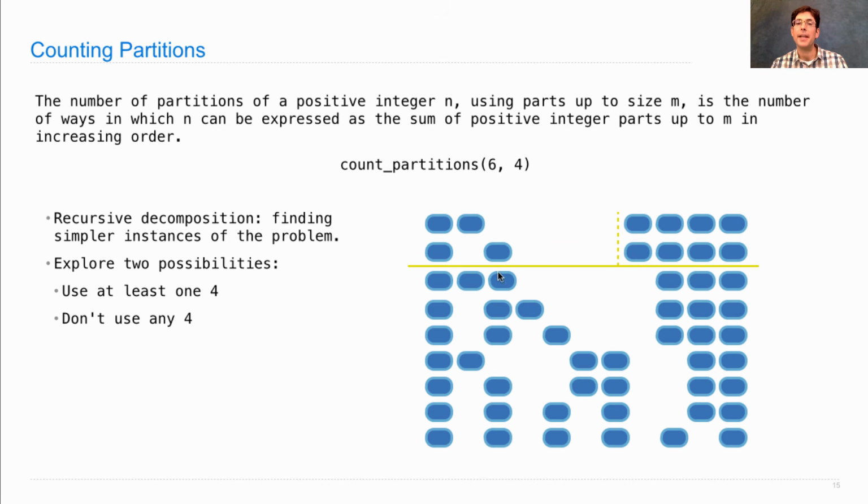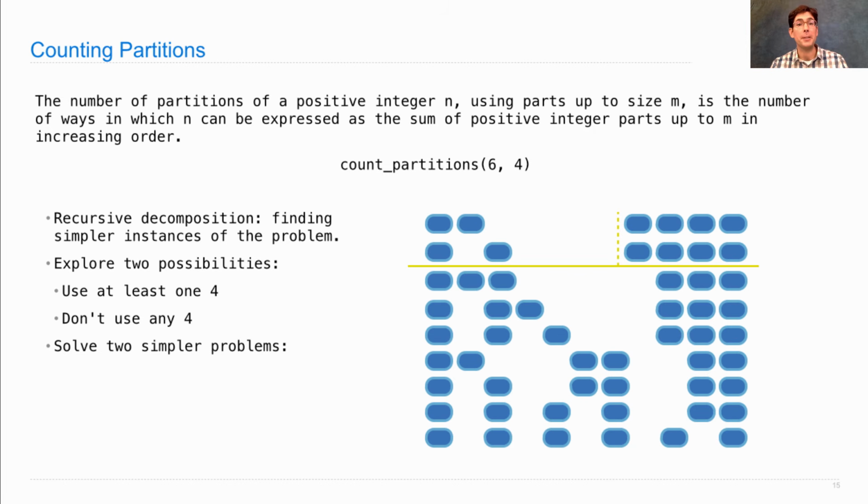So in both of these cases, we're actually just partitioning the number 2. We can get it by just the number 2 or by 1 plus 1, using groups up to size 4 still. And what about the bottom half? Well, the bottom half is all the ways of partitioning 6, but using parts up to size only 3.